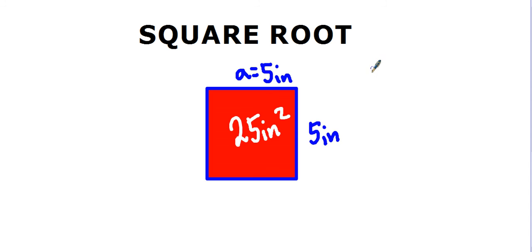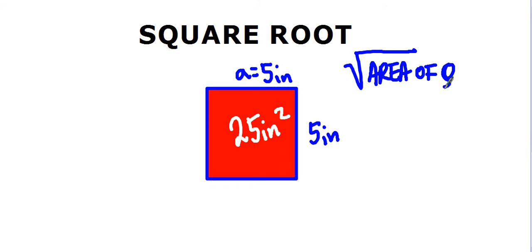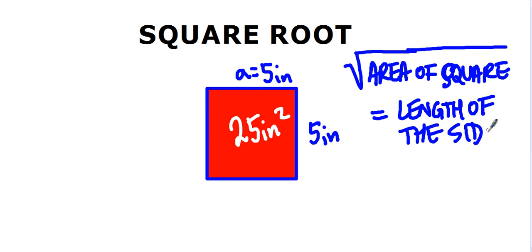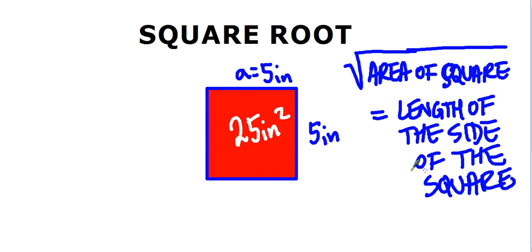So you can remember that if you take the square root of the area of a square, that should give you the length of the side of the square. That's a thing to remember.